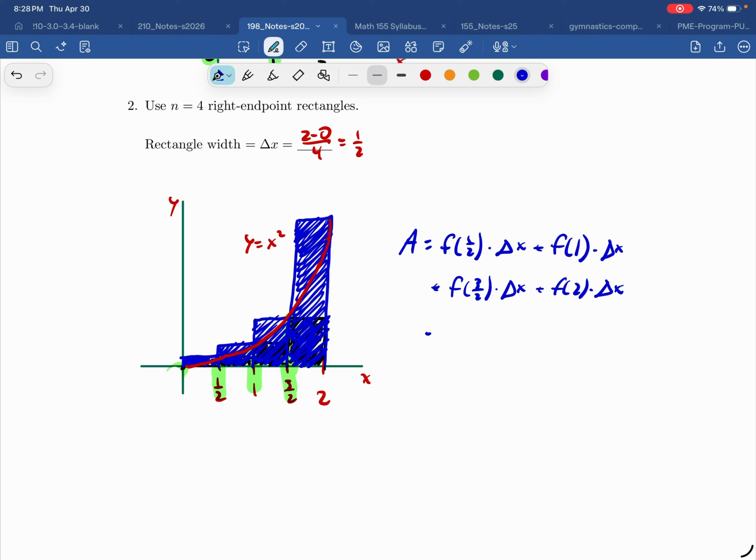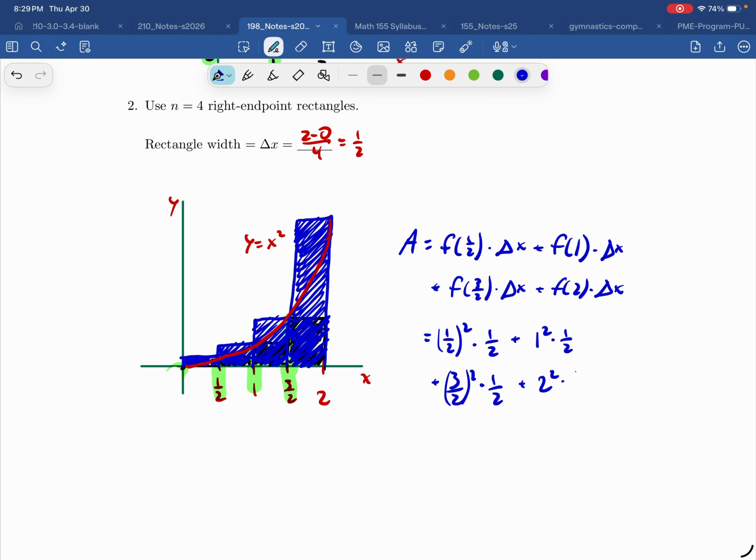f of 1/2, I think we said that that was equal to 1/2 quantity squared. And then delta x was also 1/2. Then 1 squared, and in this case, we have 2 squared.